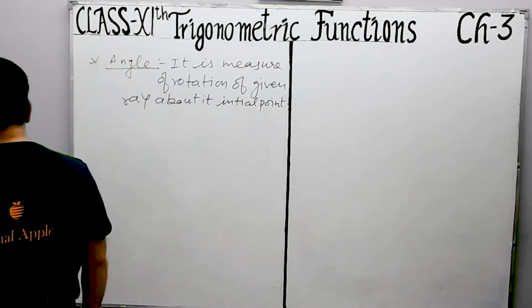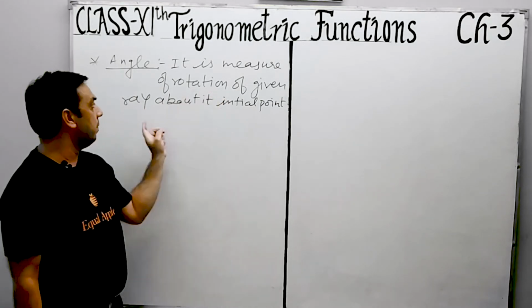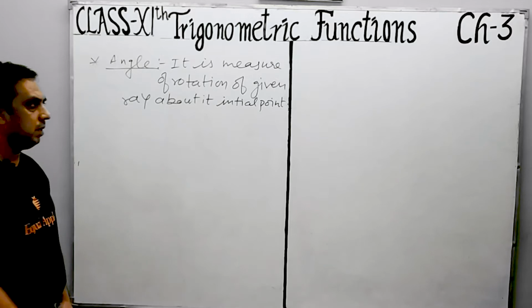So here we can see the angle. It is actually a measure of a rotation of a given ray about its initial point.